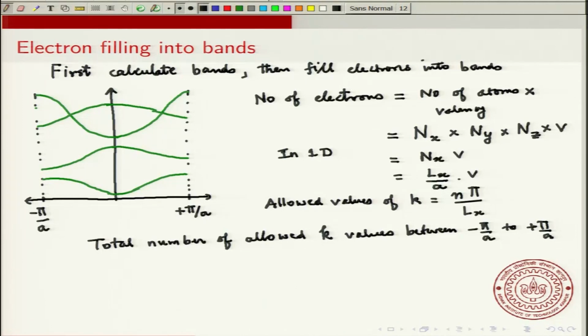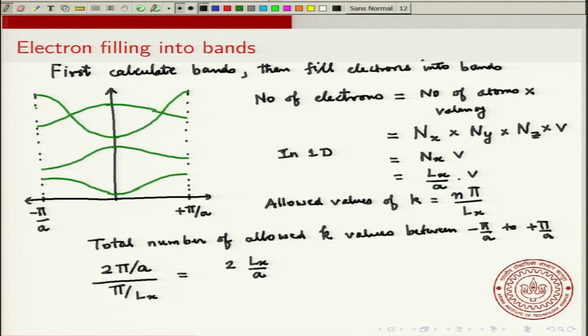You can do this in the following way. From minus pi by a to plus pi by a, you have a range of 2 pi by a. And the allowed values of k is n pi by Lx, so the spacing between k values is pi by Lx. So, if you just divide this by pi by Lx, you will get the total number of allowed values of k. And this is equal to twice Lx by a.